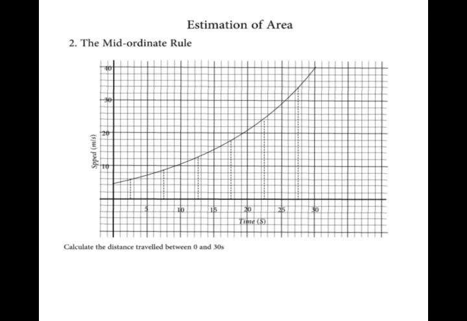You can read that from the graph where the mid-ordinate meets the graph. So area is equal to, the width is 5. So we have 5 into 6 plus 9 plus 13 plus 18 plus 25 plus 34, giving us 525 square units. And so the distance is equal to 525 meters.